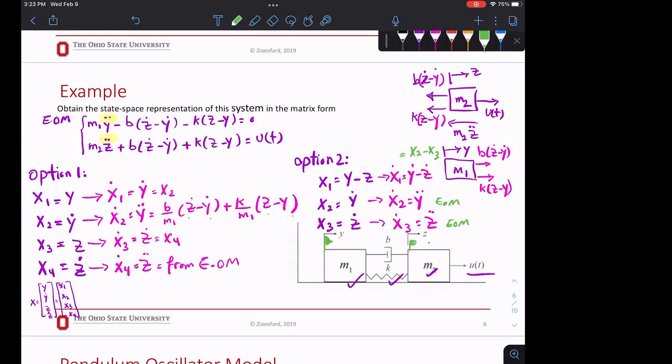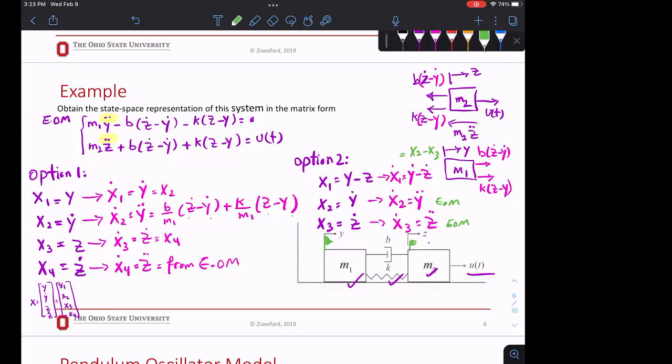It becomes the definition of what you want to be your state vector, right? What are you controlling? If I'm controlling the relative distance that these 2 travel together, then I will probably go with y minus z, because I've been asked to control the relative distance. But if I was asked to control them separately, I'll go with option 1, because my state vector is position of the first box, position of the second box, velocity of the first box, velocity of the second box in option 1.